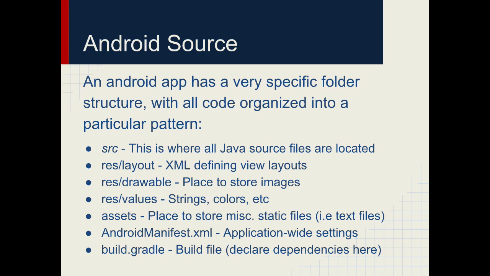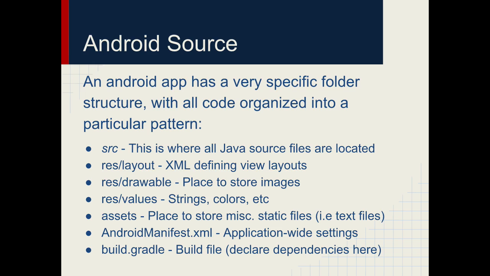For the Android source, there are of course the Java sources where you put the activities and any other Java implementations. There's a resource directory which contains layouts, drawables, and values. The layout directory is for XML defining your UI. A drawable is for storing your images, and values define colors, strings, and so forth.